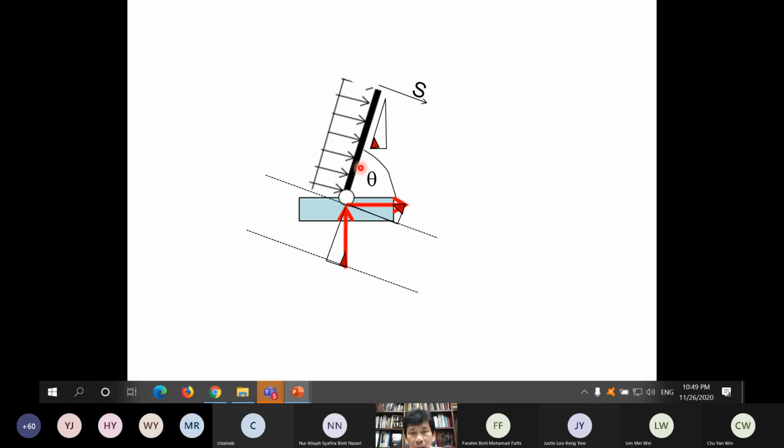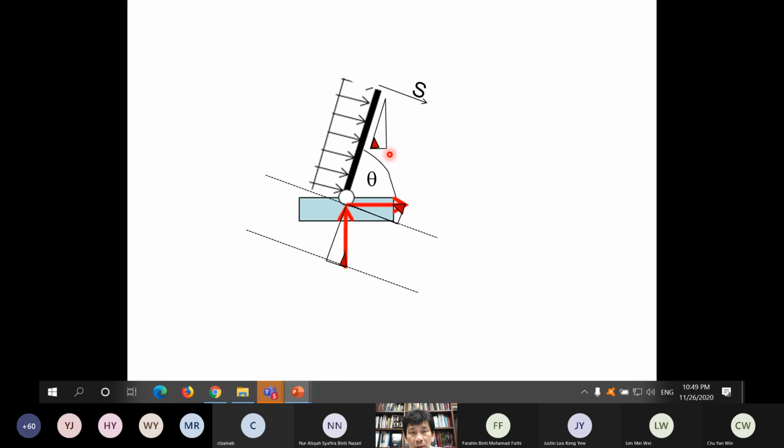If this is theta and this is 90 degrees, then from the diagram we can find that this must be theta. And when we come to the force diagram that we draw for this vertical reaction force, this is the triangle that we draw to calculate this component and this component. So this angle here will be equal to this angle, and equal to this angle.